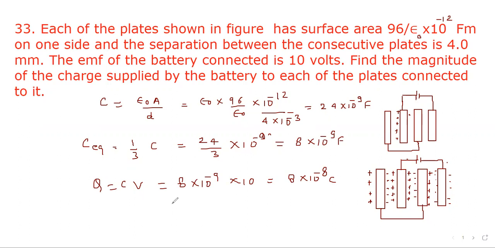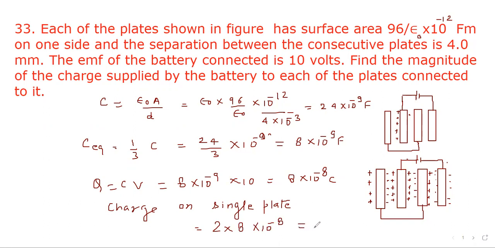Now charge on each plate will be double of it because this charge is on one side, so it will be equal to 2 times 8 into 10 to the power minus 8.